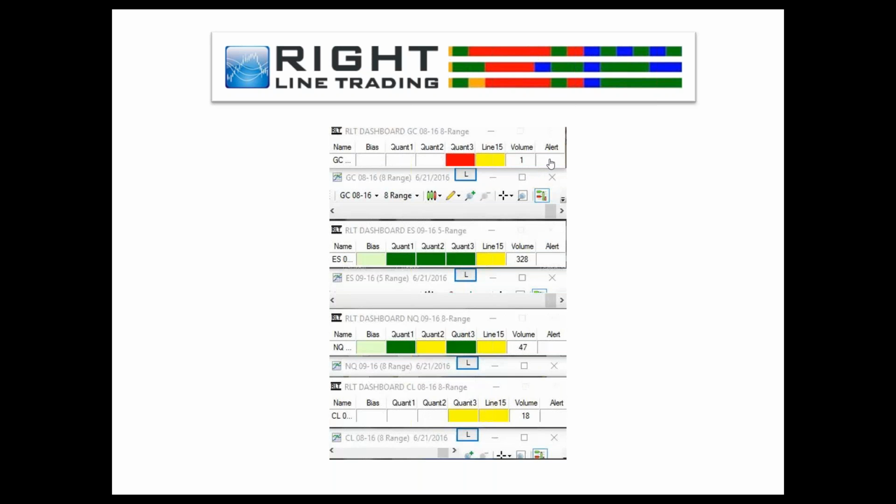And you're going to see here when everything aligns, the alert is going to give you a visual and audible beep that tells you that gold, the E-mini, the NASDAQ, crude are now all aligned to the upside or the downside.